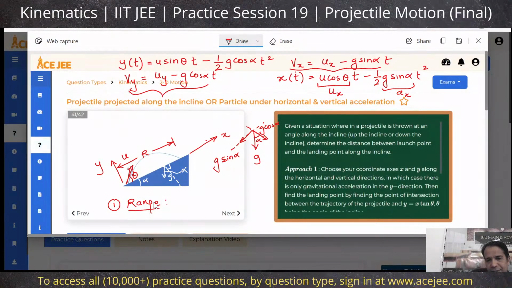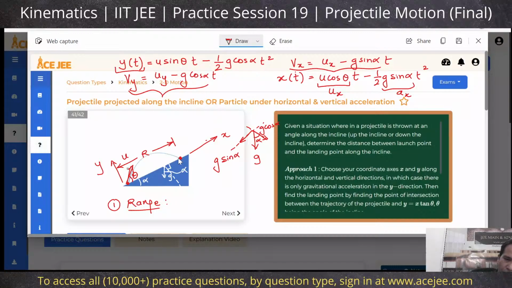I can use the fact that my y displacement is 0. If my initial point is the launch point and the final point is the landing point on the incline, the net displacement from the starting point to the landing point is 0.